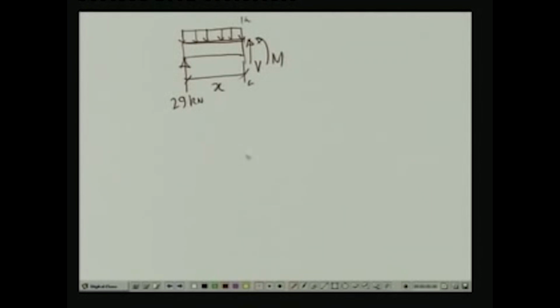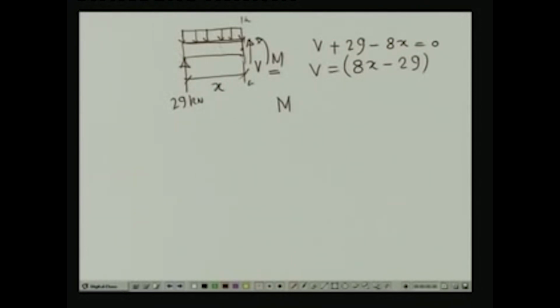Now, if we take the equilibrium of the vertical forces, then we have V plus 29, which is RA, minus 8 into x over the length x, equals 0. So, the shear force V equals 8x minus 29. Now, if we calculate the bending moment, if we take the moment of all the forces with respect to this section AA, then we have moment M, which is in the anticlockwise direction.